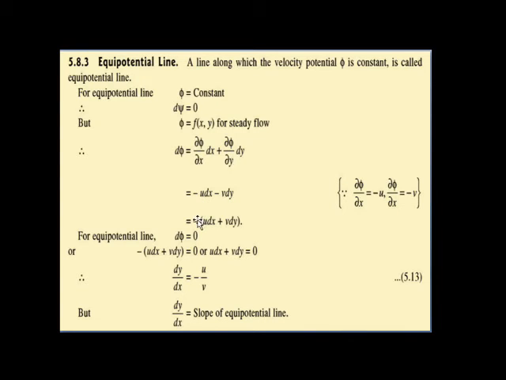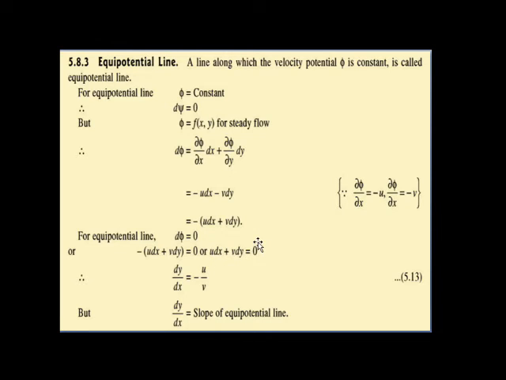Taking the minus sign common, the remaining terms in the bracket are u dx plus v dy. For an equipotential line, phi must be constant, so d phi is equal to 0. So minus in bracket u dx plus v dy is equal to 0, and the minus sign cancels.